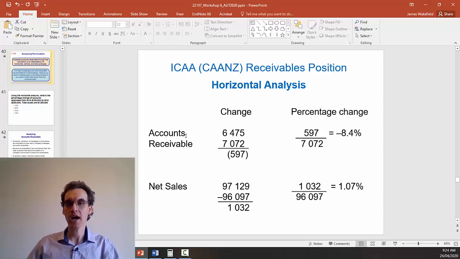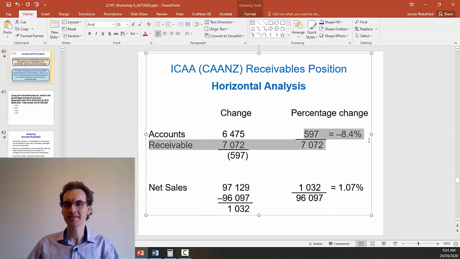So if we look at Chartered Accountants Australia and New Zealand, we can see here that across this particular period, we have an 8.4% reduction in accounts receivable, which is good, which means that presumably customers are paying up faster, and so less accounts receivable are outstanding.